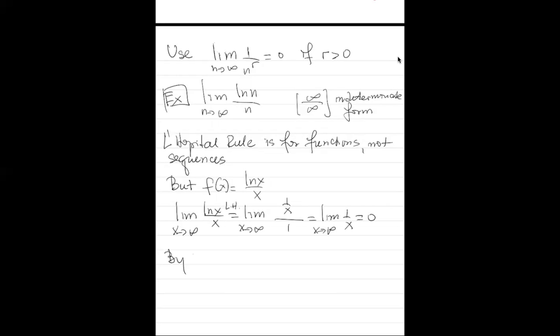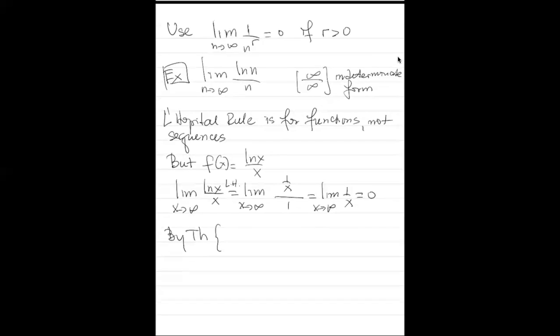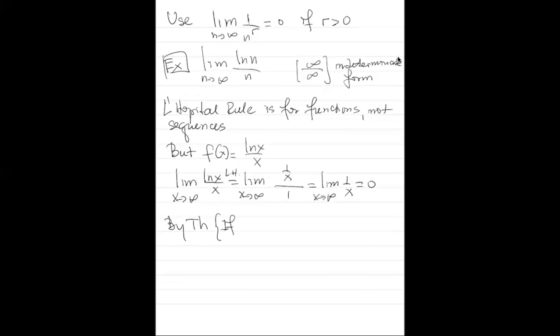So by the previous theorem that we did in part A, and I will write that theorem right here, it says that if the limit of f of x is equal to L, x goes to infinity, f of n is a sub n, n is an integer, then the limit of a sub n is also L. And we don't have to have x goes to infinity here.